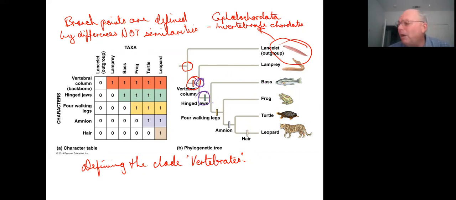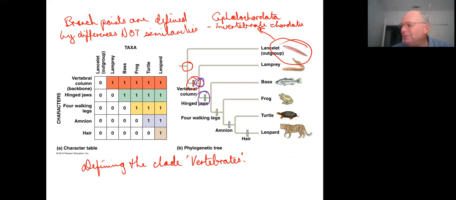And we can continue on through this whole phylogenetic tree, and I'm not going to do that because I think you've got the idea what the pattern is here. Each one of these branch points is defined by a difference, the presence of some feature or the absence of some feature.